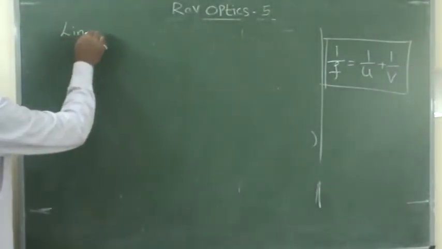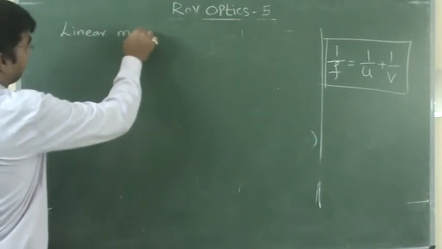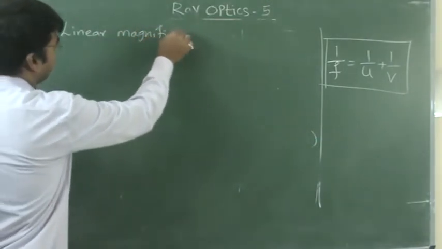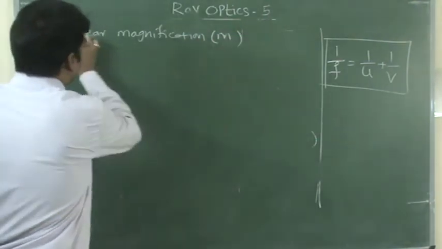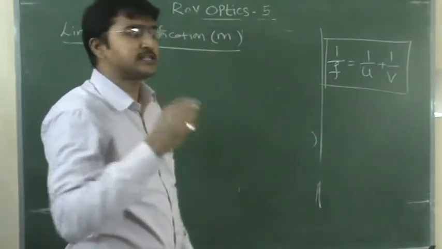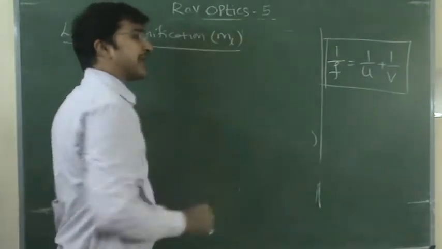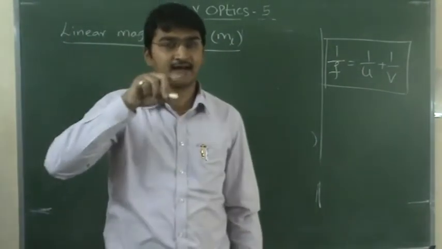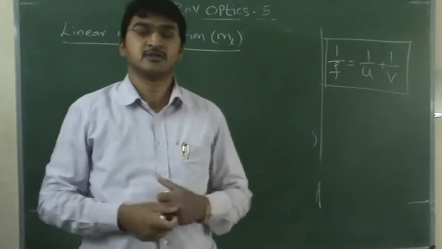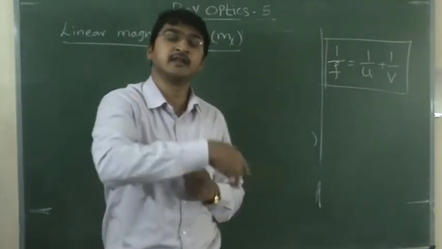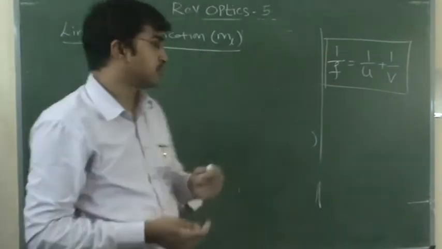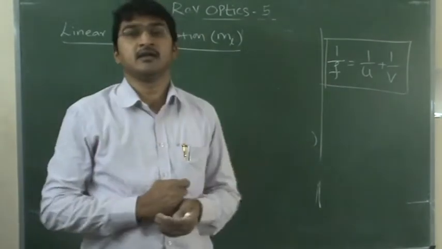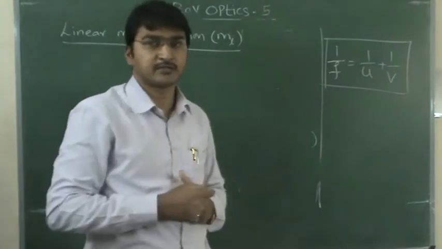Linear magnification of a mirror, we indicate with M. In a few cases you can mention ML also, L meaning linear. There are other types, longitudinal and areal, which may be used in competitive examinations, but from the PU point of view we have only linear magnification, and sometimes areal also.